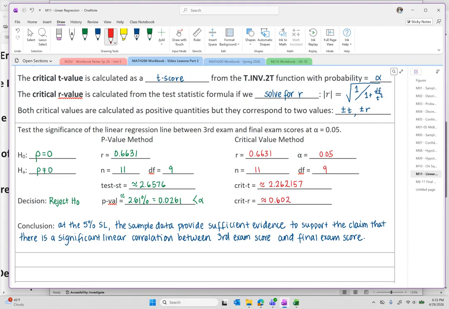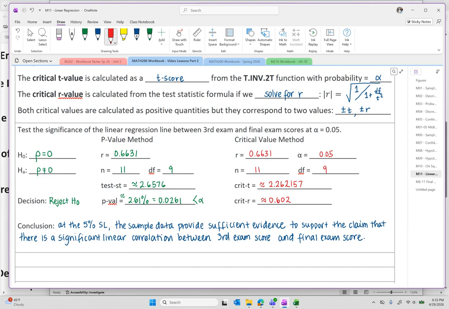So anything outside of these values of t or outside of these values of R critical, meaning less than negative 0.602 or more than positive 0.602, will indicate that the data comes from the critical area, and the critical area is an unusual outcome based on the distribution of the null hypothesis.